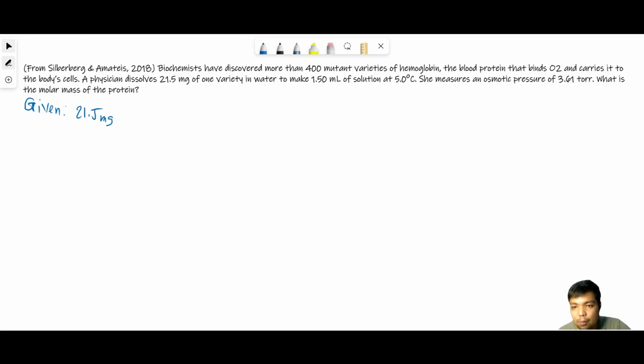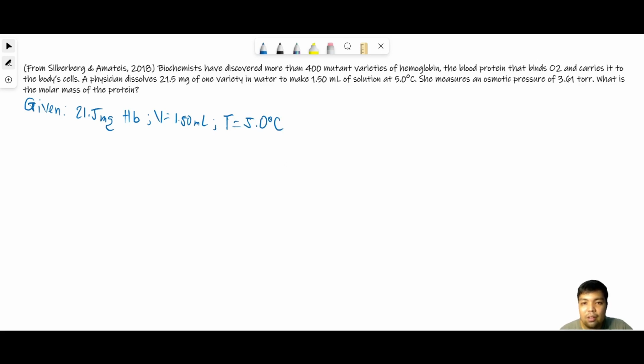So we have your 21.5 milligrams of your hemoglobin. We abbreviate it as Hb. Then our volume, which is equal to 1.50 milliliters. The temperature of your solution is equal to 5.0 degrees centigrade.